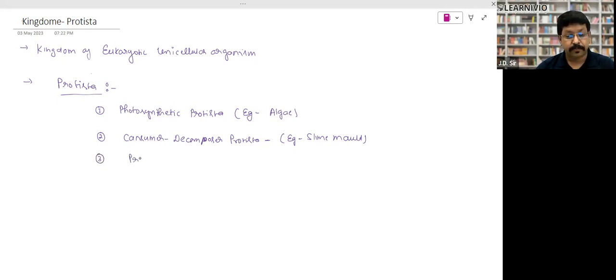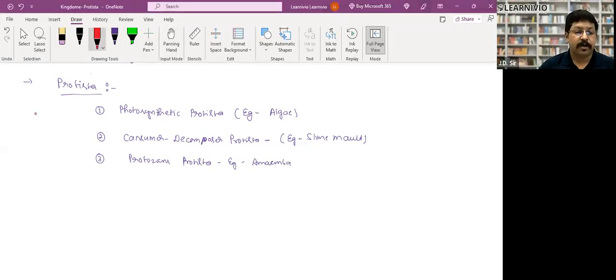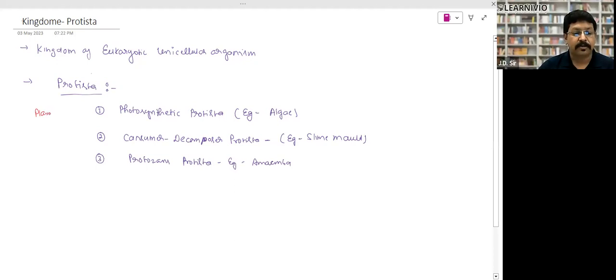protozoans. Protozoan Protista, they are like amoeba. They have been taken from animals. So we have taken out all the organisms.